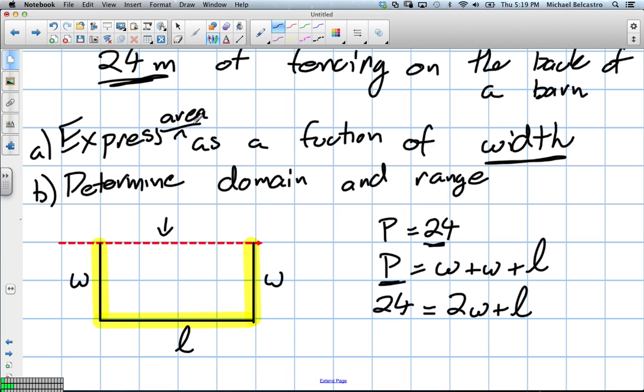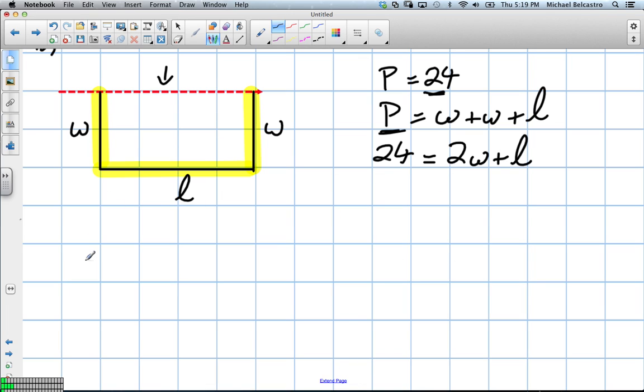Question says express area, which is something different, as a function of width. Well, area is normally length times width. But the problem here is there's a length in here, and they want us to only express it as width. So we have to find an equivalent expression to length that includes just our width.